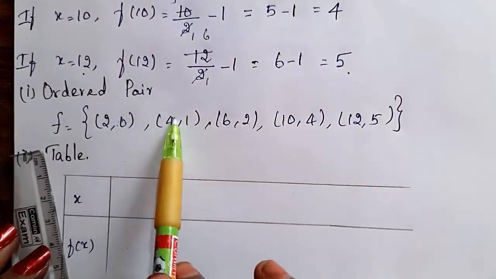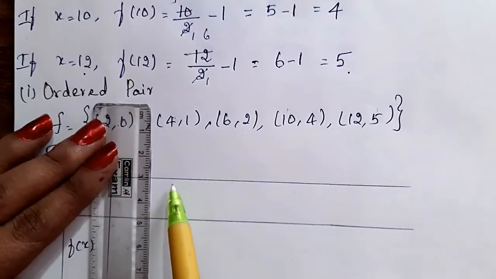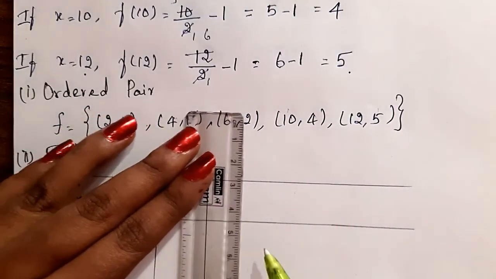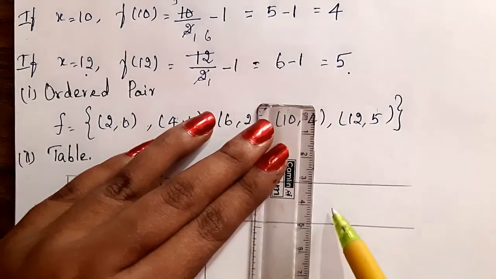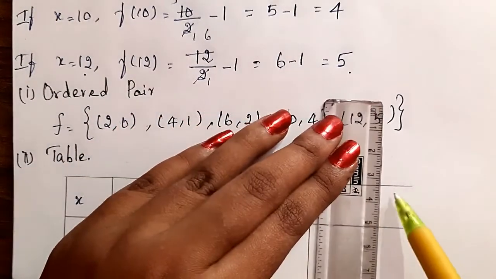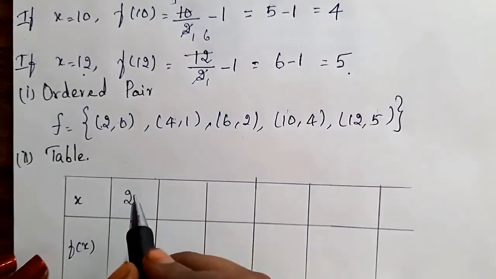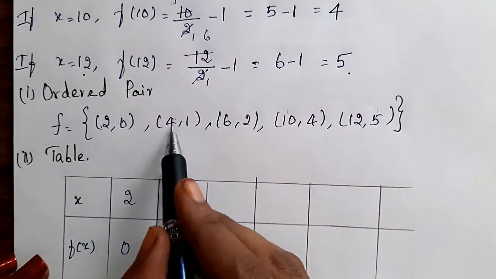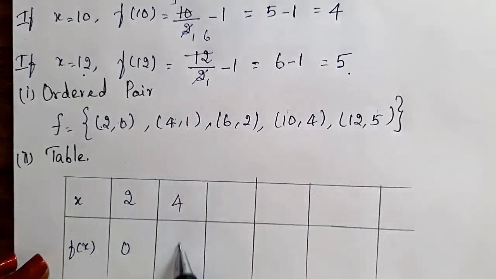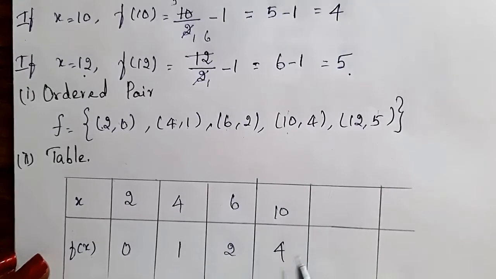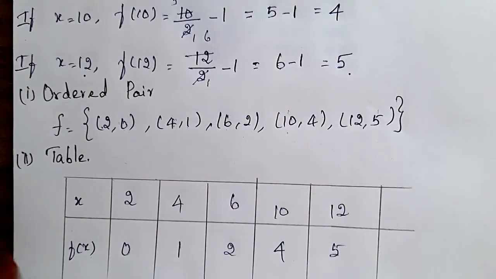How many? 1, 2, 3, 4, 5 values. So if x value is 2, f of x value is 0. X value is 4, f of x value is 1. Then 6, 2, 10, 4, then 12, 5. That's all. Simple.